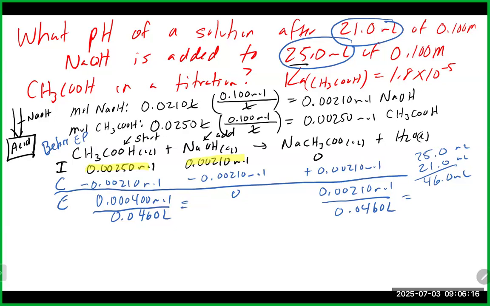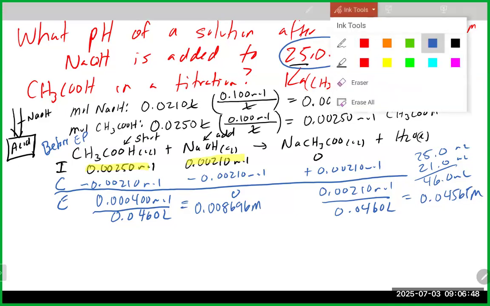So we'll do that. Looks like 0.00869. I'll go one more so as not to rewrite it. I'm missing the six there. 0.00210 divided by 0.0460. Looks like 0.04565 at this point.